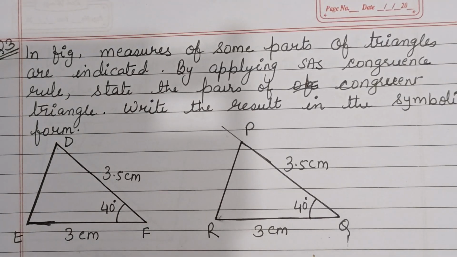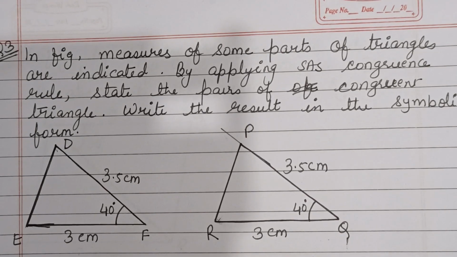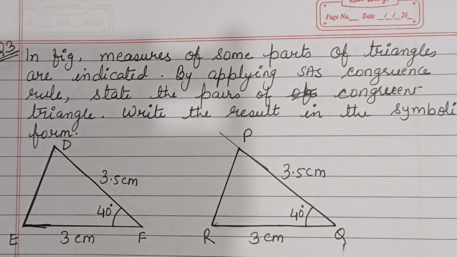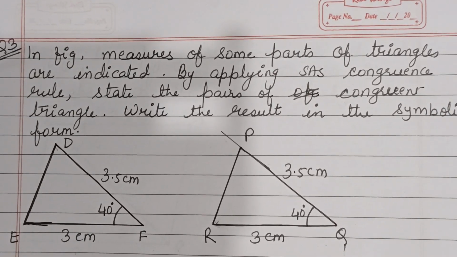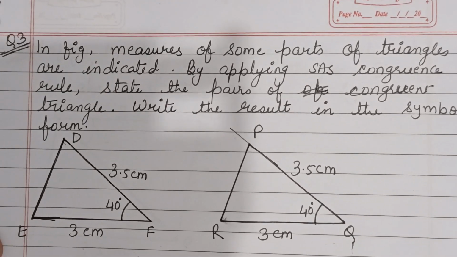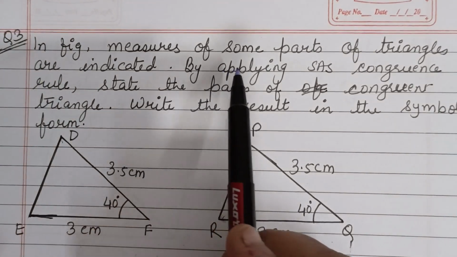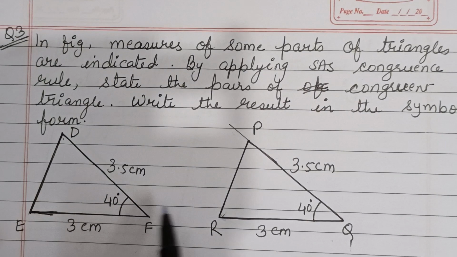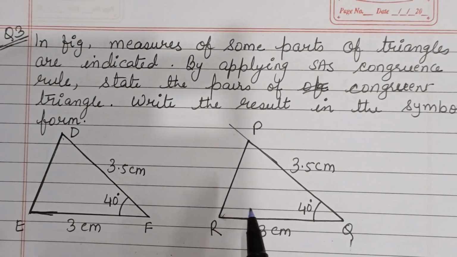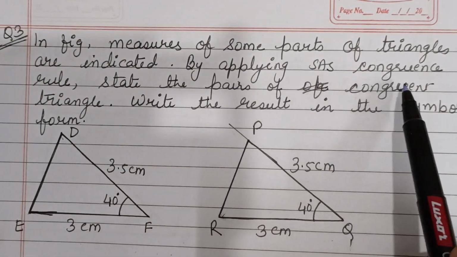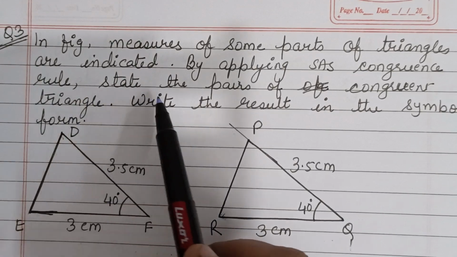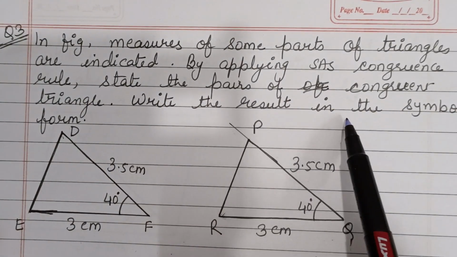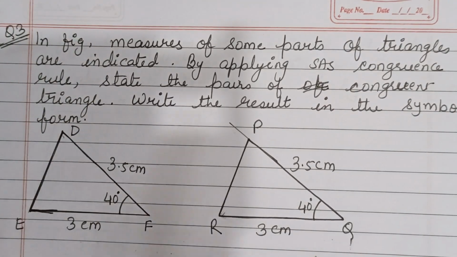Now we are going to talk about the third question. Basically we are going to learn how to apply SAS in two different triangles. In this question it is said: in the figure, measures of some parts of triangles are indicated. By applying the SAS congruence rule, state the parts of the congruent triangles and write the result in symbolic form.